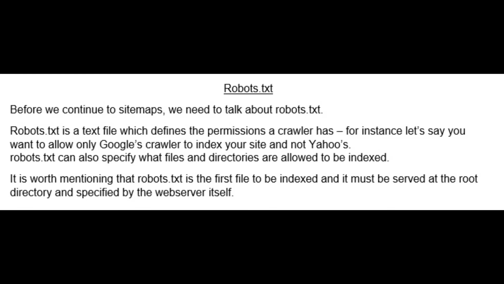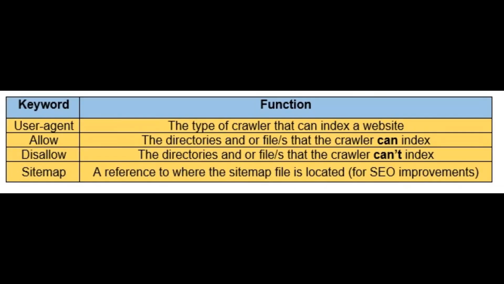Robots.txt also specifies what files and directories are allowed to be indexed. It is worth mentioning that robots.txt is the first file to be indexed and must be served at the root directory and specified by the web server itself.